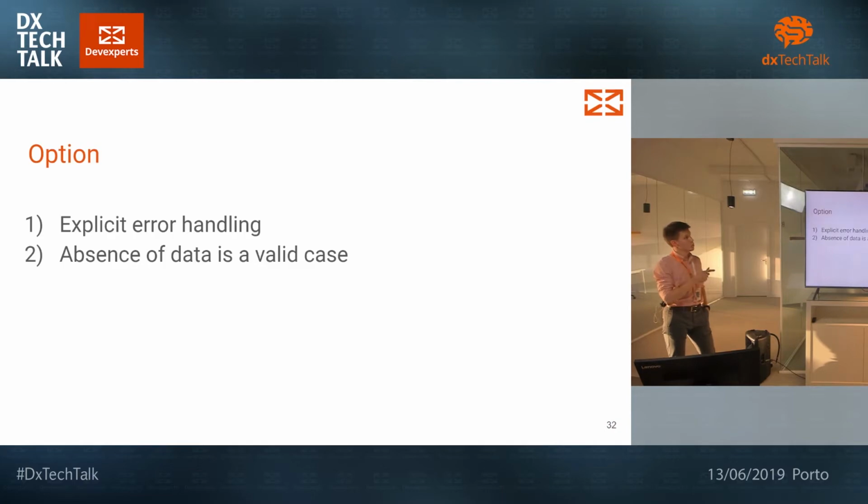So what I want you to remember here is option helps us with explicit error handling, and also it allows us to say explicitly, again, that absence of data is a valid case for our situation. Okay, are you still with me?